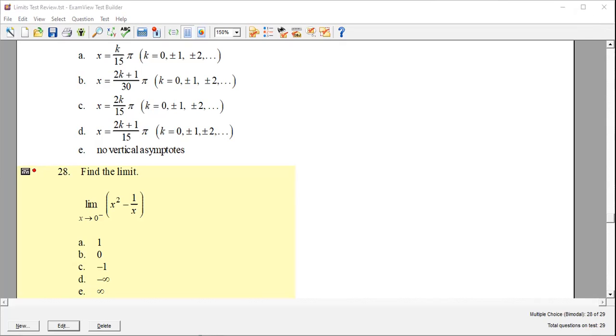Why is it? Where does it go to? Let's go to our values. What values could I put in? 0 from the left. Negative 0.99. Negative 0.99.